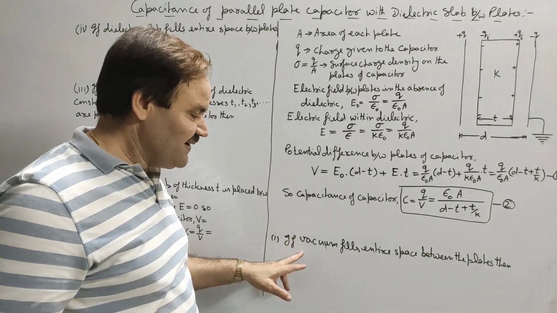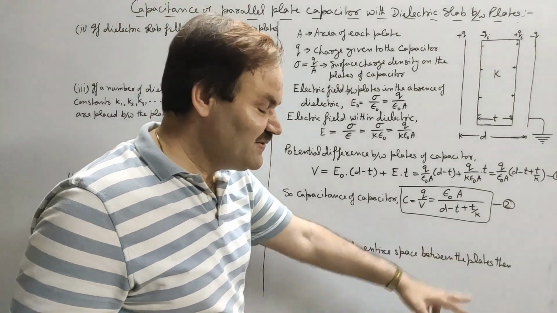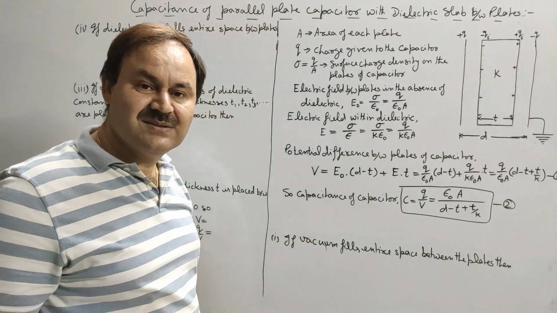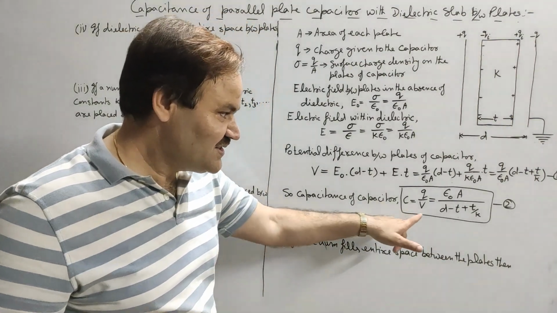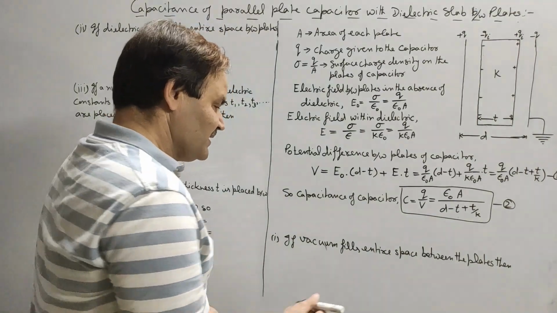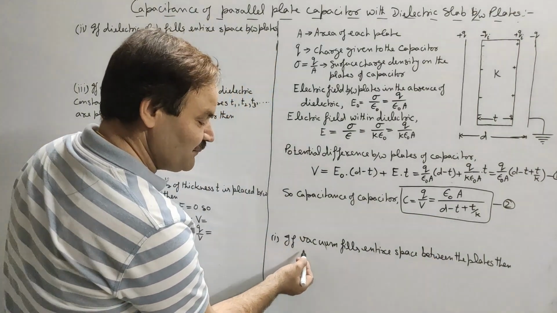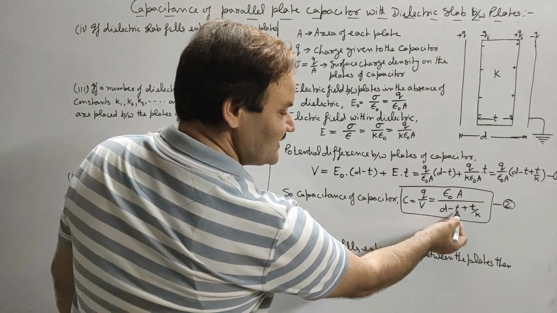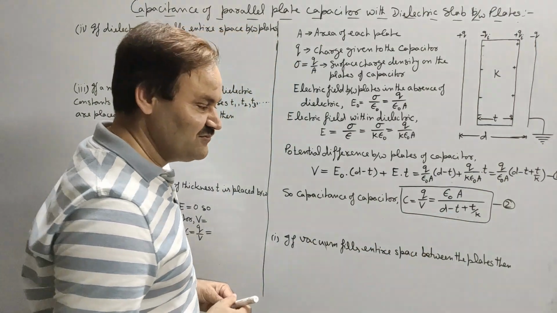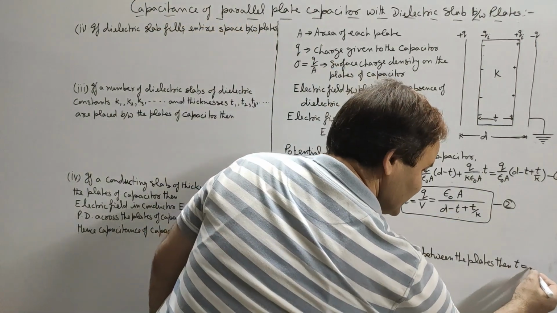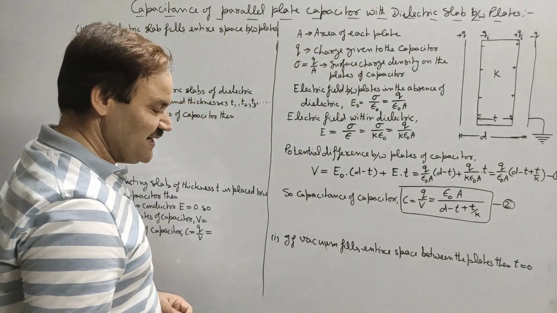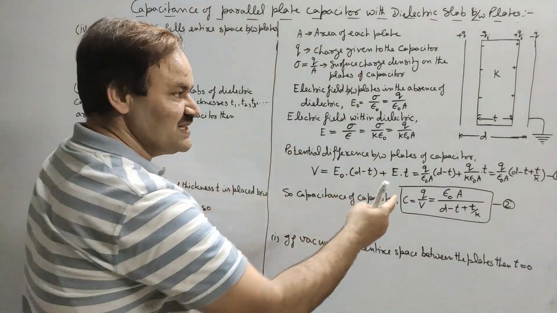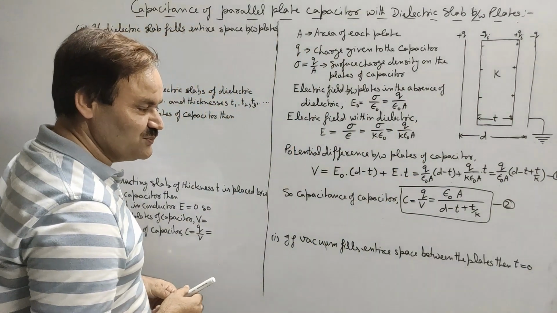Now, if vacuum fills the entire space between the plates, that is, we are applying conditions to this expression, then what will happen? The t, the thickness of the slab, will be taken as 0 because the entire space between the plates is filled with vacuum.